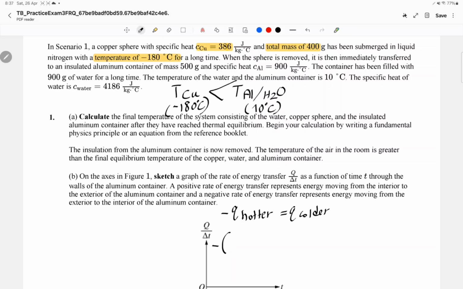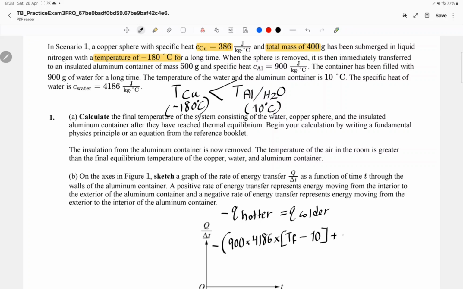The mass of the water is 900, the C of the water is 4186, and delta T is TF minus how much the water was at. The water was at 10.